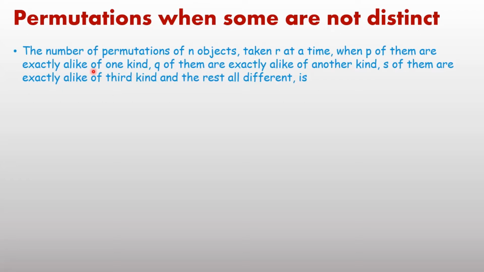For example, there are 7 of one kind, 9 of another kind, 5 of a third kind, and the remaining are different. Same pattern written here: p of them are alike of one kind, q of another kind, and s of them of a third kind, and the rest are different. Then if the total number of objects is n, taken all at a time, whatever repetition is there, divide by their factorials. You will get the required number of permutations.